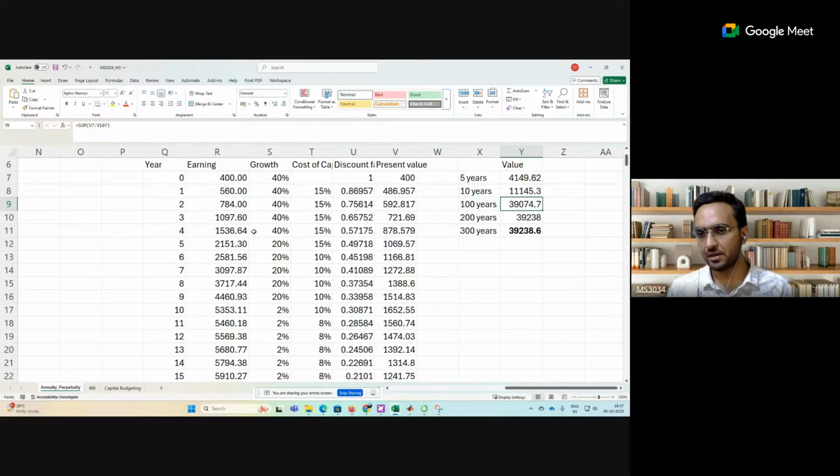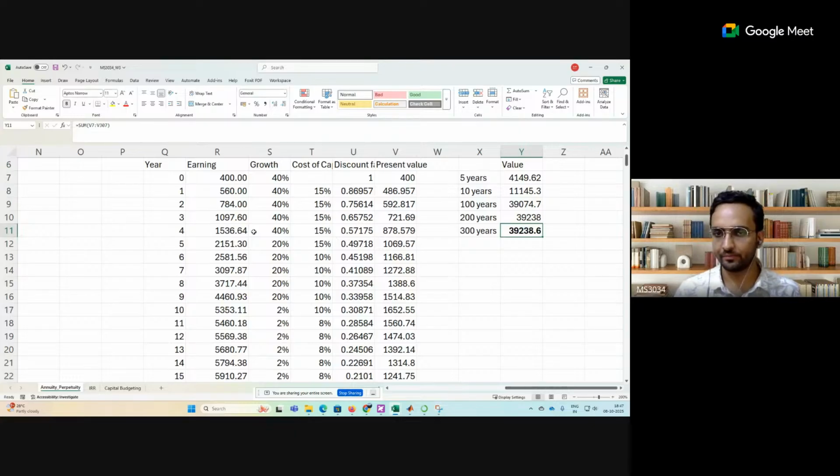That is my present valuation of the company given the current cash flows. To be exact, as I keep on growing the number of years, my value will keep on converging to a certain value, and that value is 39,238 rupees.